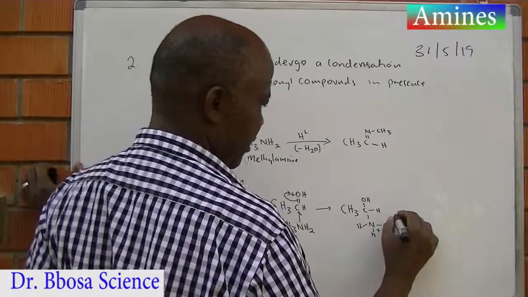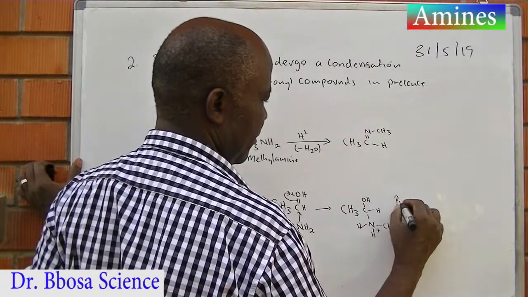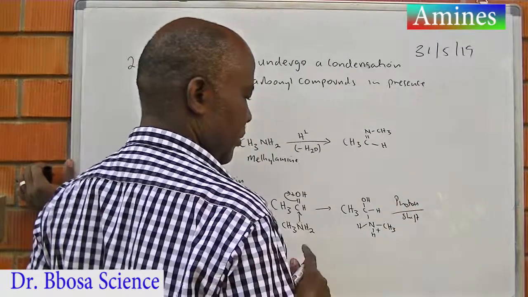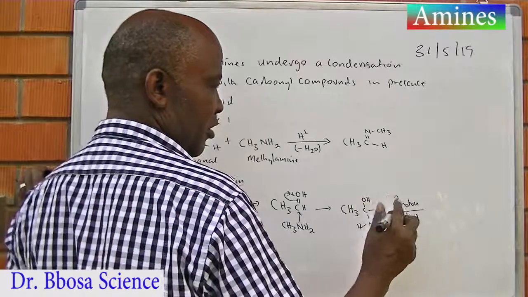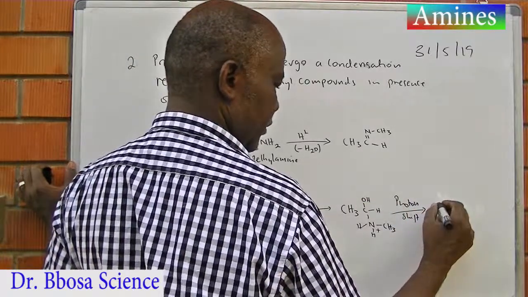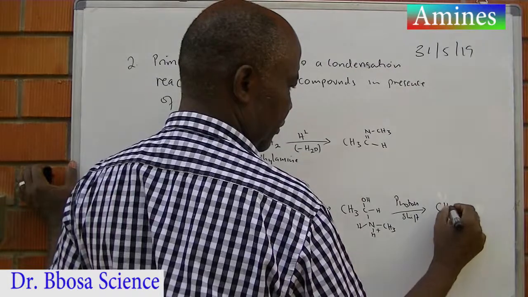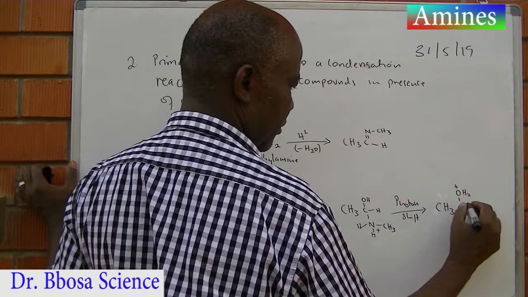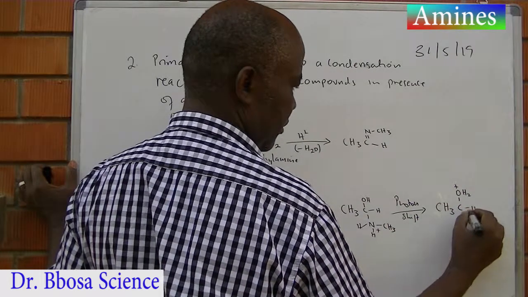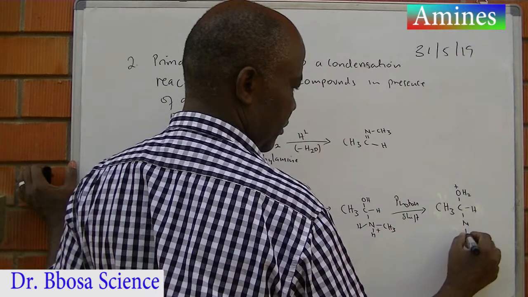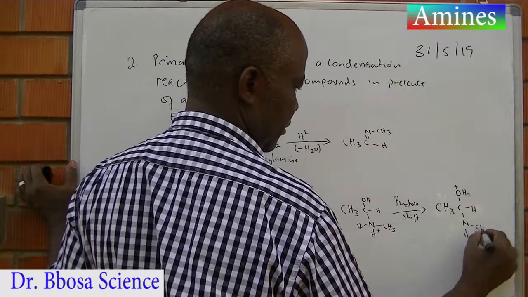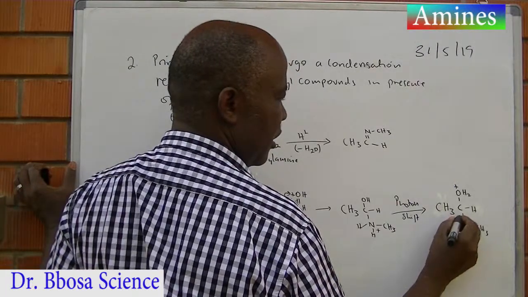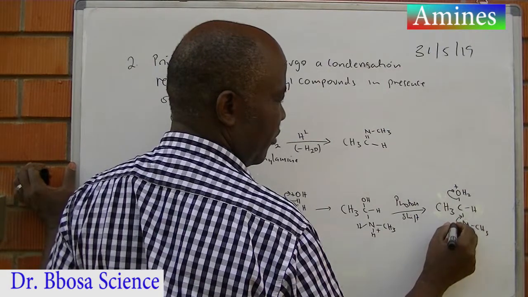There's a proton shift. The proton jumps from this nitrogen to this oxygen. Nitrogen uses the lone pair to form a double bond. This bond breaks off.